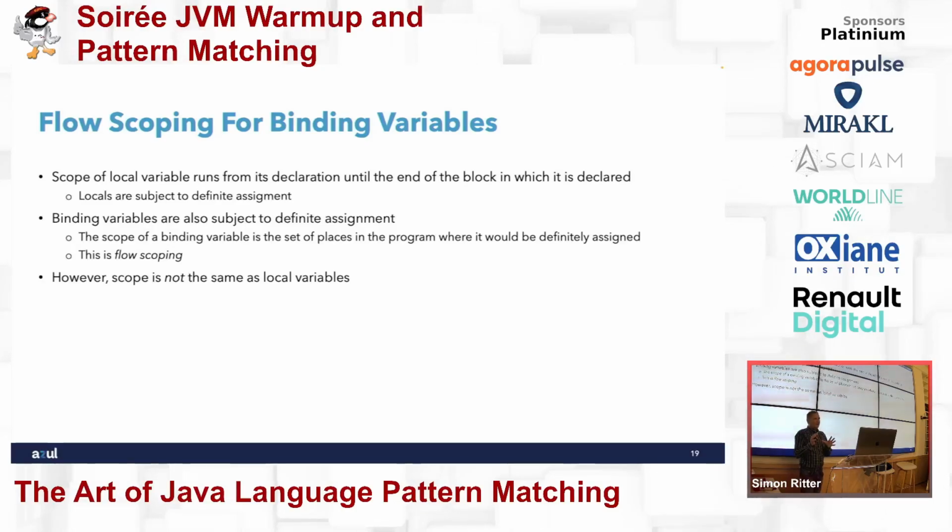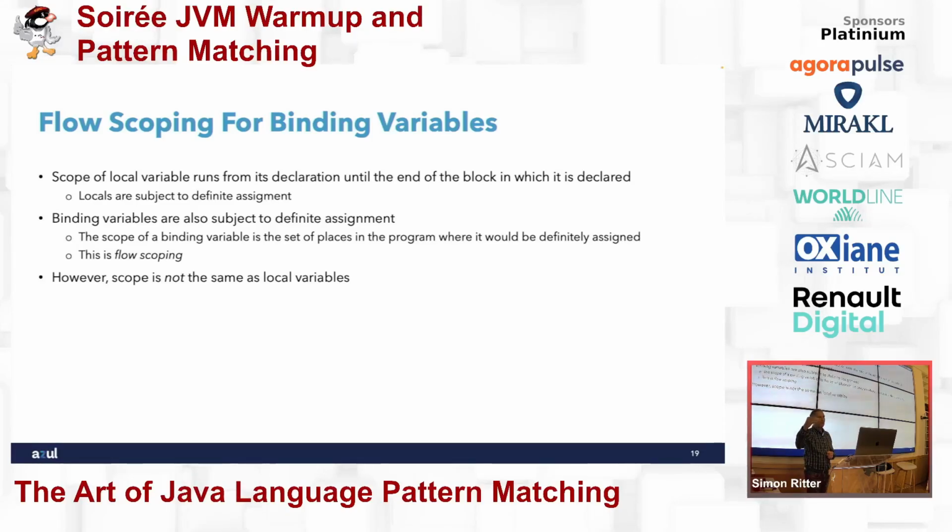So scoping for binding variables, the pattern variables that we use, is different to local variables. It uses what's called flow scoping. If you look at the way that scoping works for local variables, the Java definition says that the scope of a local variable runs from where it's declared until the end of the block in which it's declared.